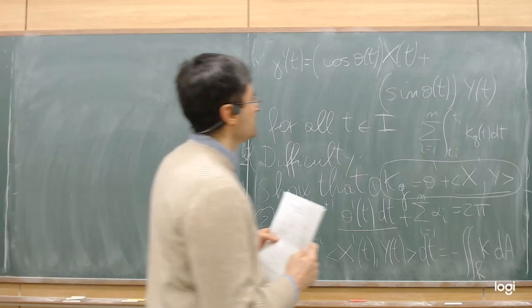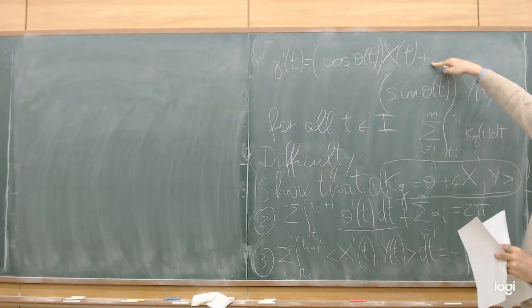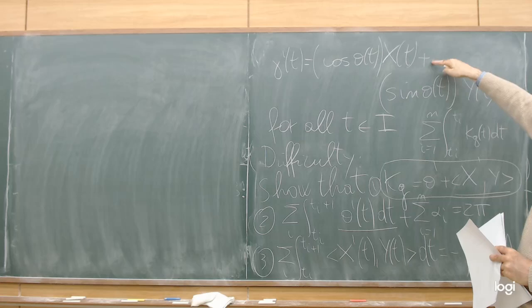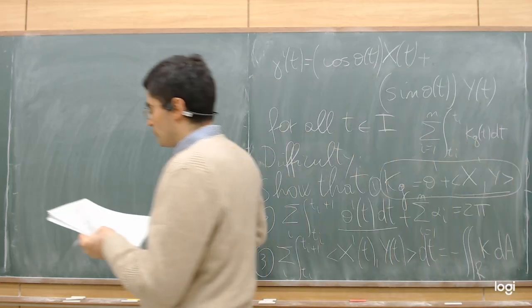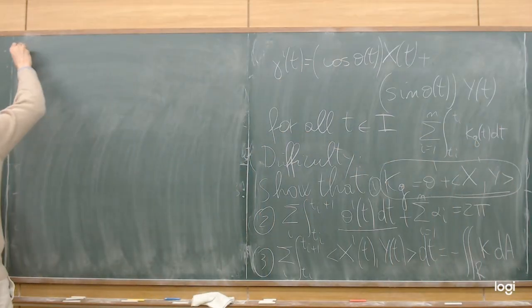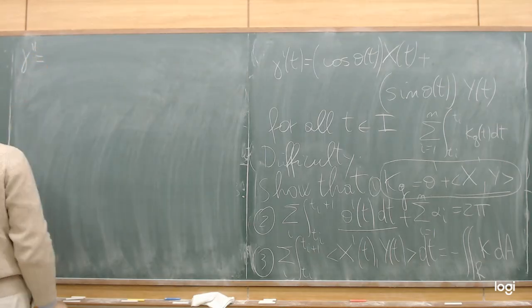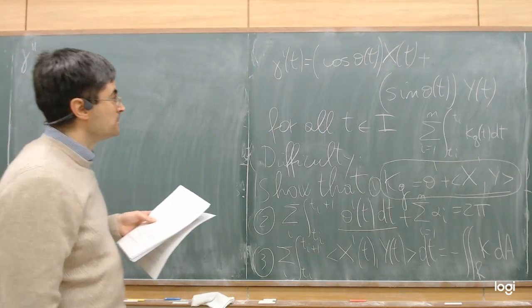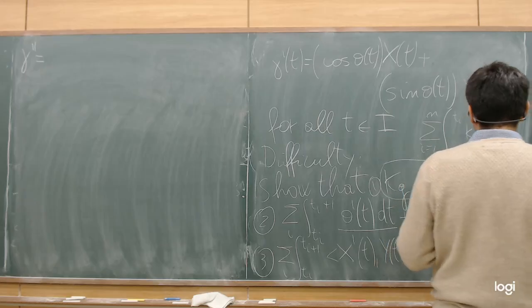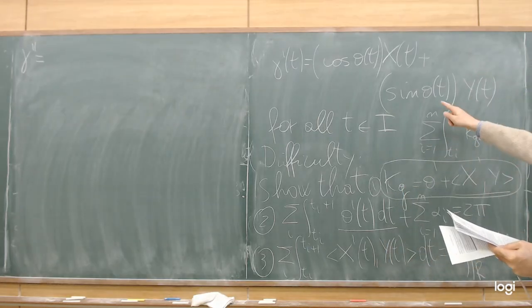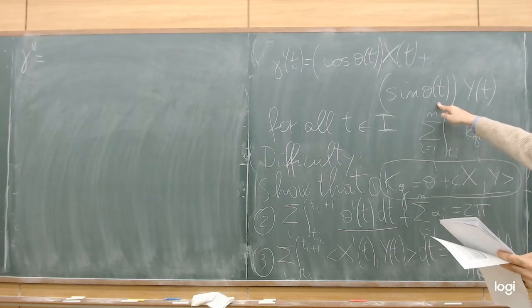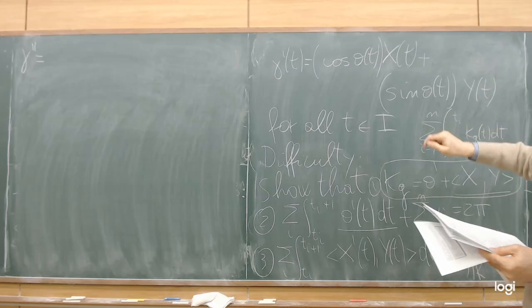So we found that gamma prime is equal to this. Then what happens if we look at gamma second? We have to use the chain rule. This means that we will get 4 terms.